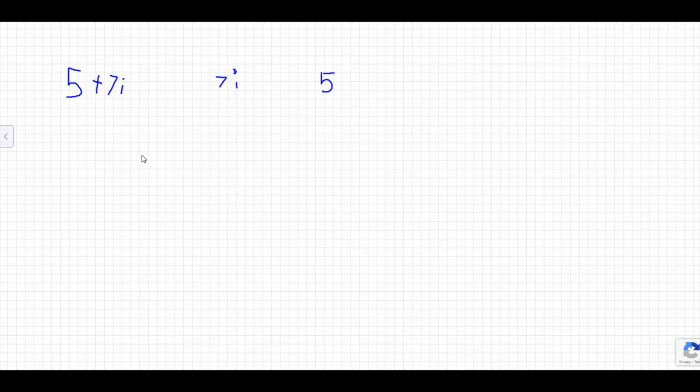For example, if I had 7i plus 5, and I'm going to put this in parentheses, and then add it to 24i minus 17, putting this also in parentheses.